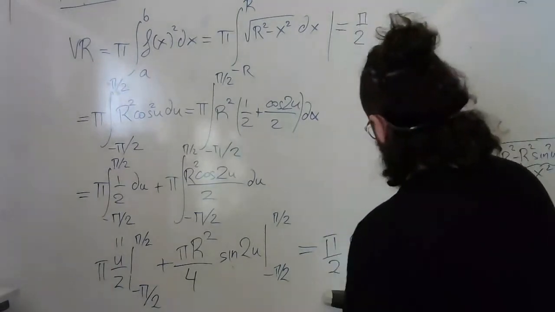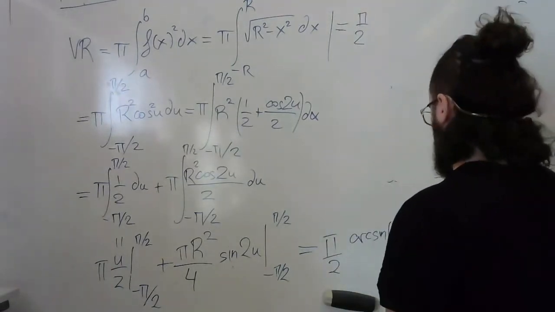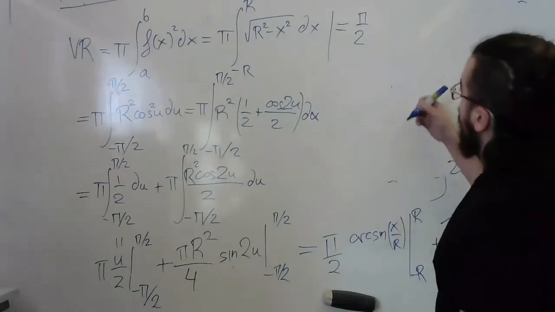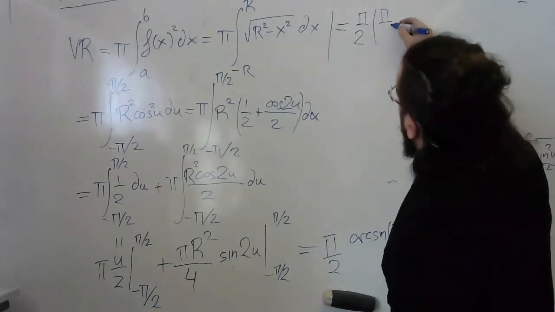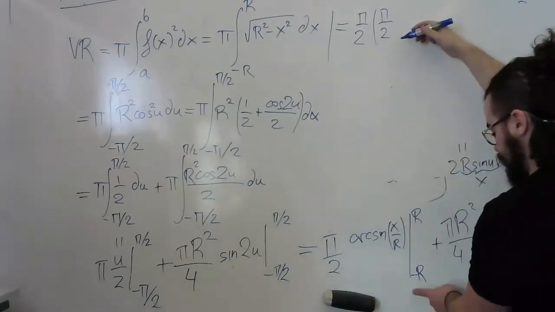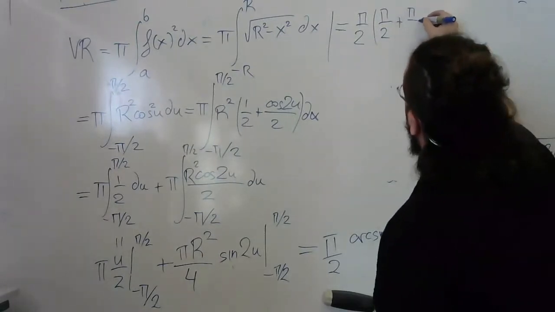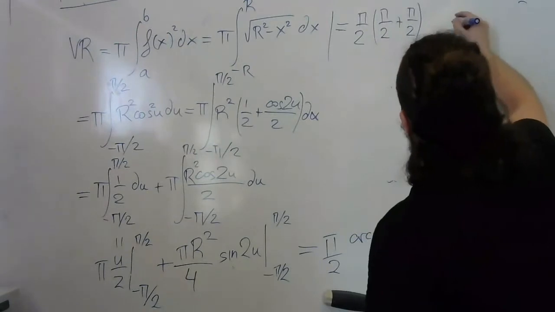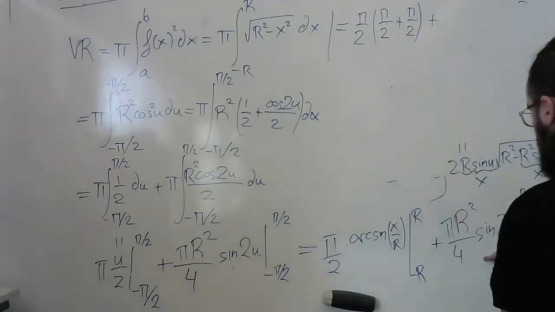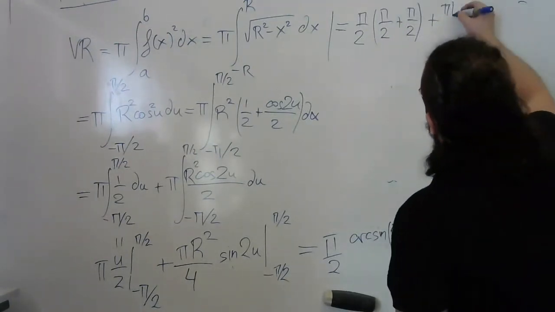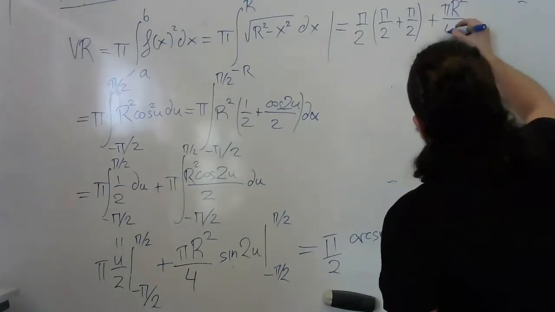And so when we do this, this is pi over 2, arc sine of 1 is pi halves minus arc sine of minus 1, which is minus pi halves. Plus here, pi r squared over 4.